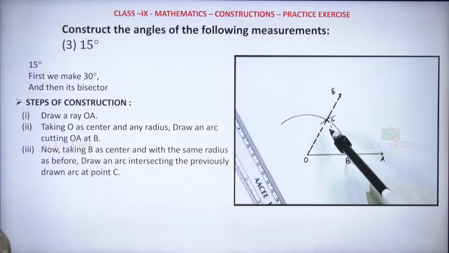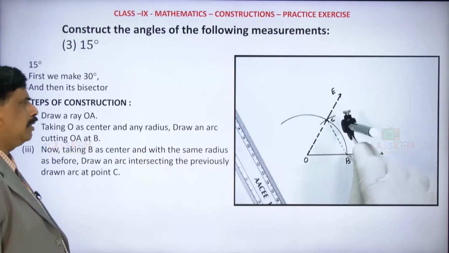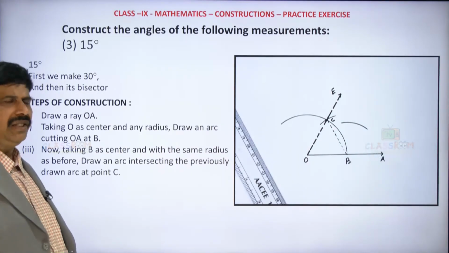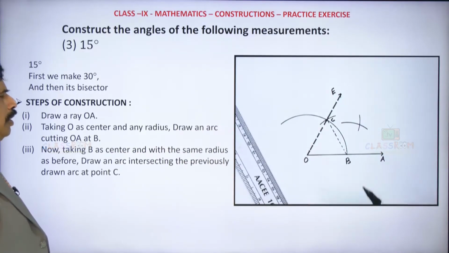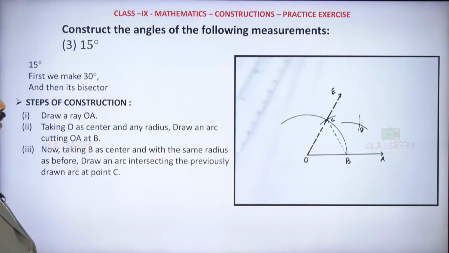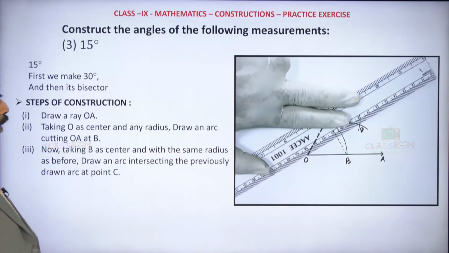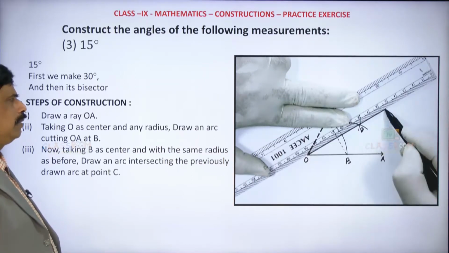So now taking B as center and more than half BC as radius, draw the arcs of circle. Okay, so these two arcs, they intersect each other at D. So now join OD. Okay, join OD.